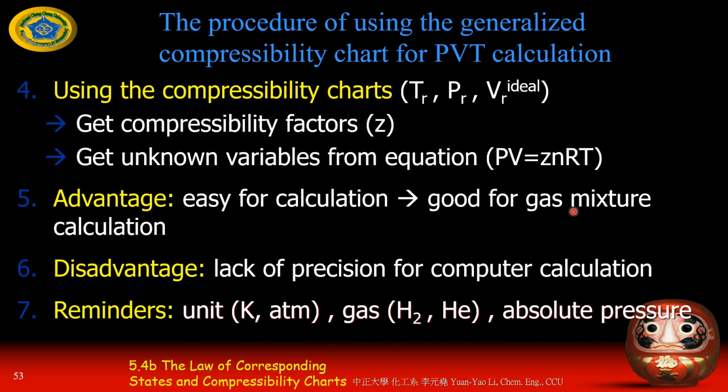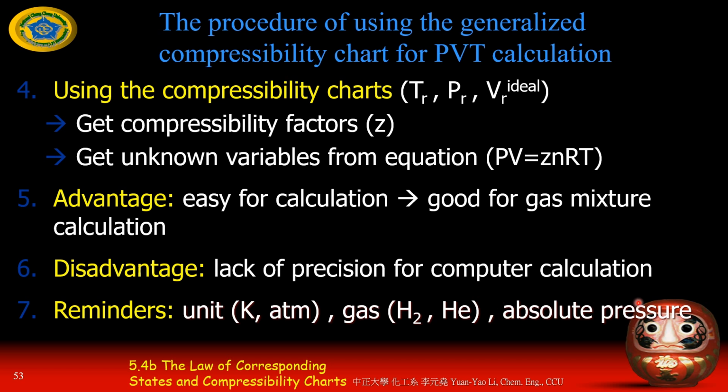And then what I want to remind you is that in that compressibility chart, the units we use are Kelvin and ATM. It's not Celsius or Pascal. It's Kelvin and ATM. So you need to convert the units into Kelvin and ATM in order to use that compressibility chart. Okay, and then remember there are two types of gases where the Newton correction needs to be used, which are hydrogen gas and helium gas.